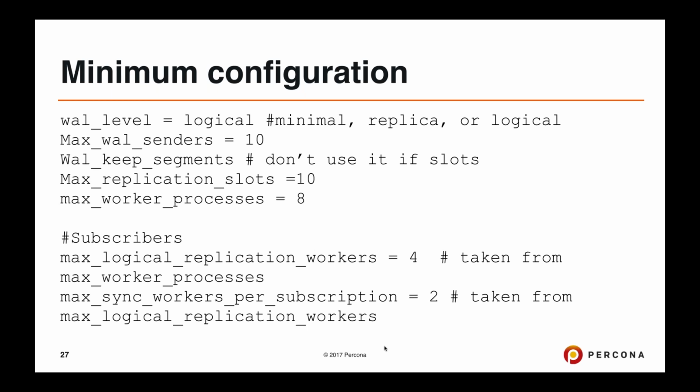The minimum configuration. There are several variables that you need to be aware of, especially because, as I said in the first slides, logical replication is not a single feature. It's a feature that uses a set of features, and it uses logical decoding and the plugin to translate the rows into logical rows. But there is also another one that I didn't mention, which is background workers.